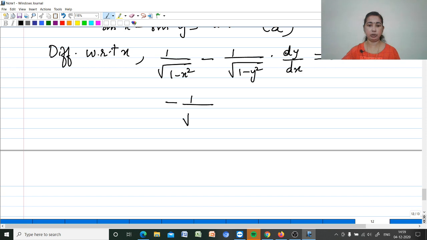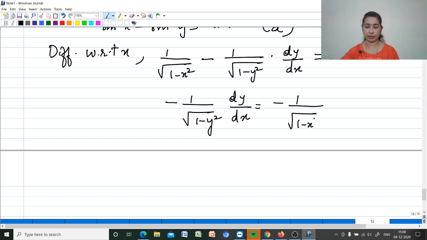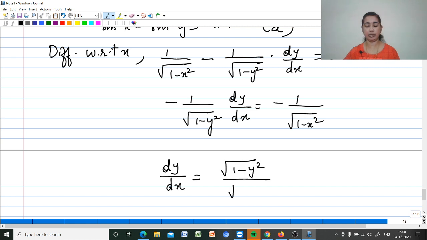Minus 1 by root of 1 minus y square into dy by dx equal to minus 1 by root of 1 minus x square. So both sides negative sign can be cancelled, and therefore dy by dx equal to root of 1 minus y square divided by root of 1 minus x square. Hence proved.